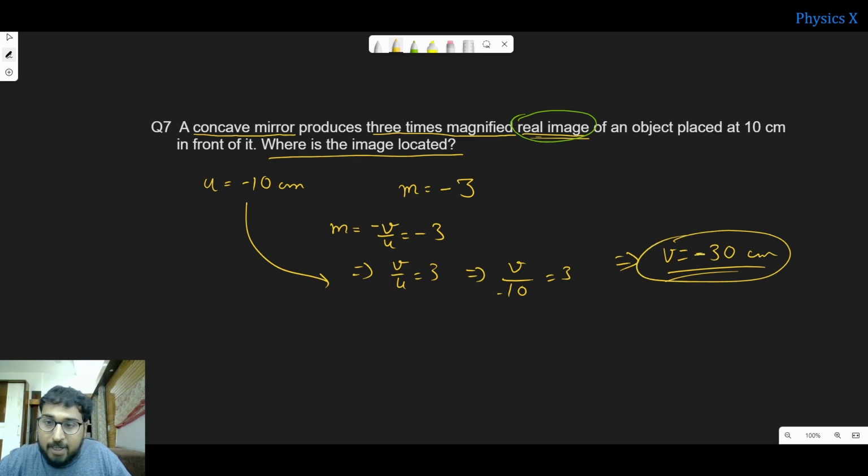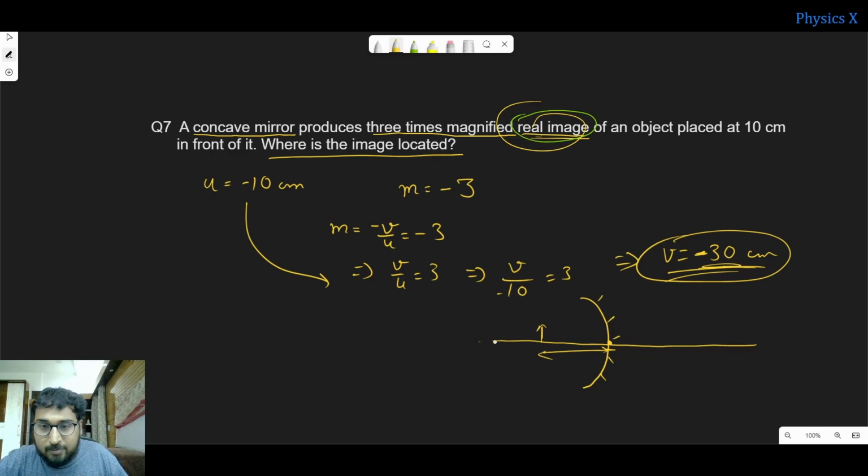And v equal to minus 30 means what? It is like this. Suppose this is your concave mirror, and this is your pole. And if you want to mark the image distance, so if this is say 10 centimeter, then v is also on the same side, and the real image means real and inverted image.